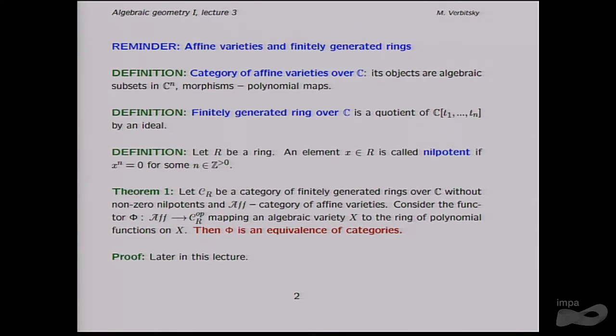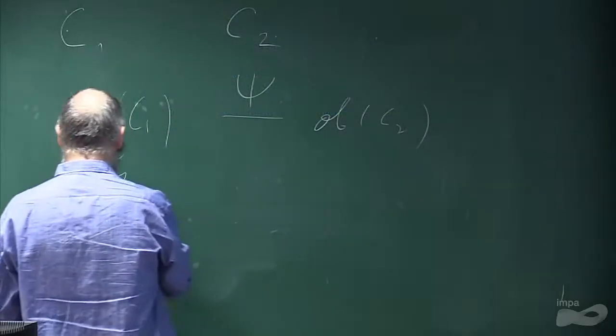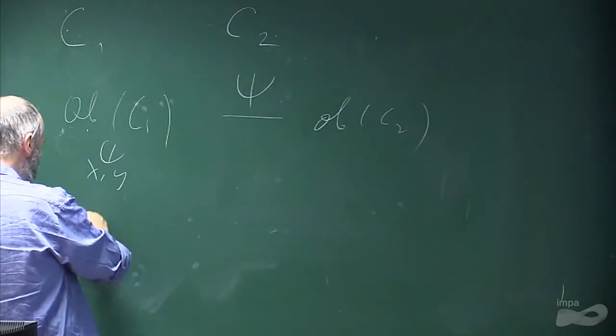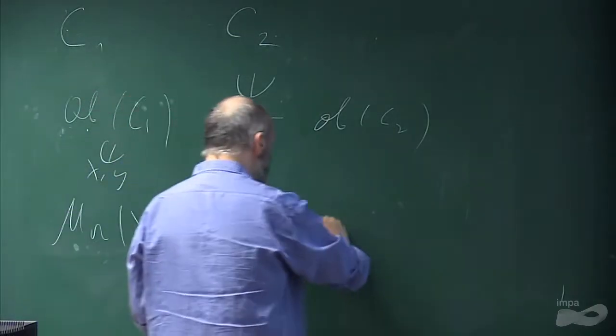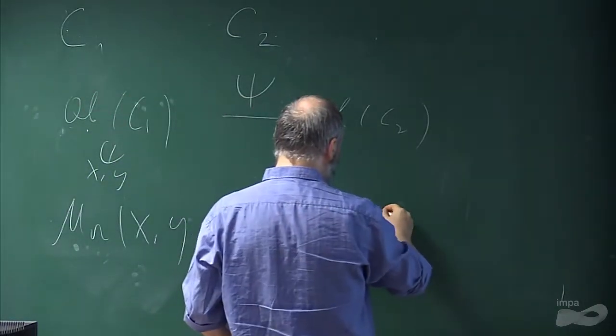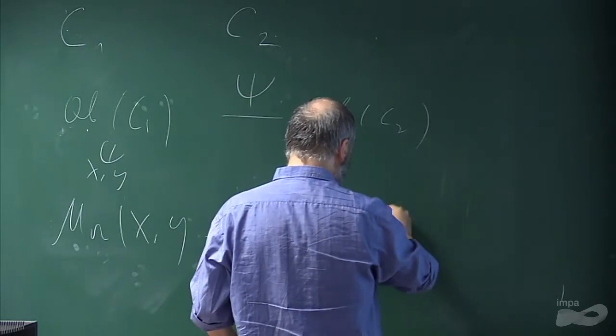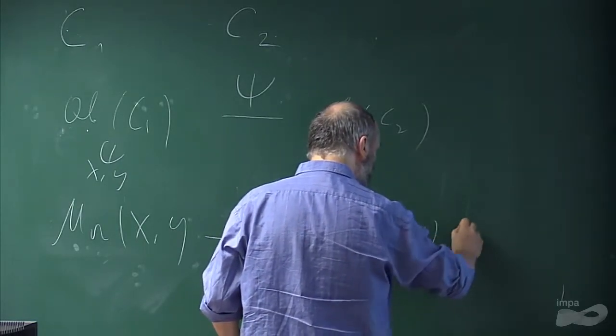For each x and y inside objects, you have a map. So this is phi. This is also phi. Morphisms from x to y are mapped to morphisms from psi of x to psi of y.